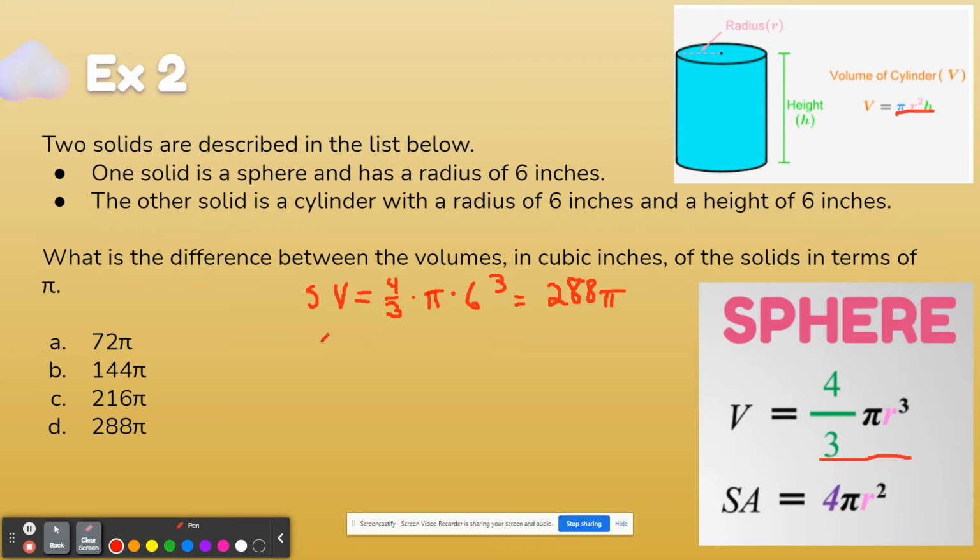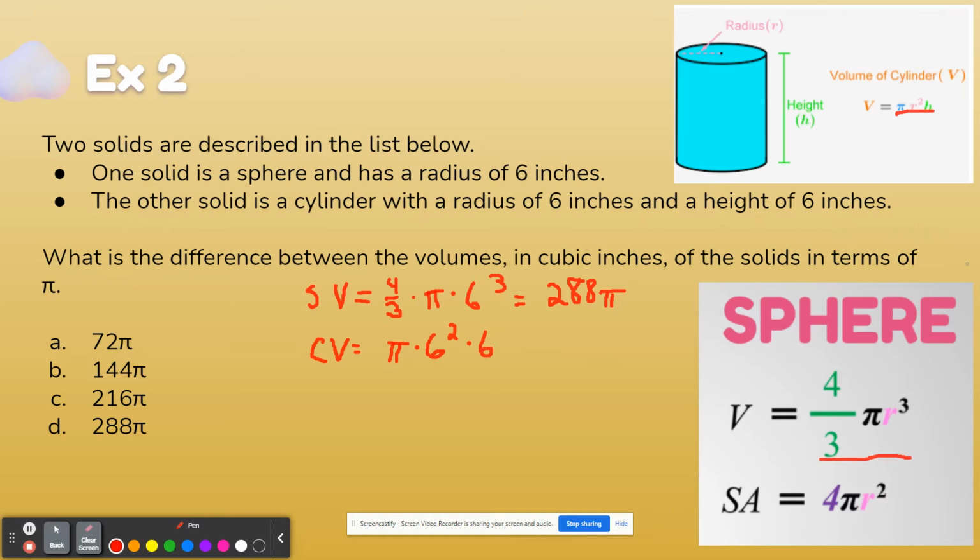Now the cylinder is pi times the radius, which is also 6, times the height, which happens to be 6 as well.